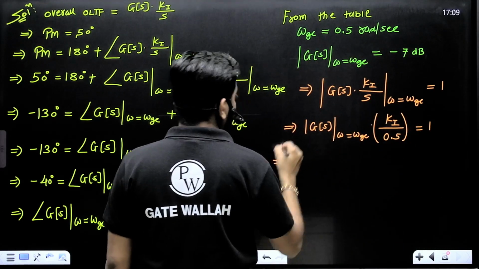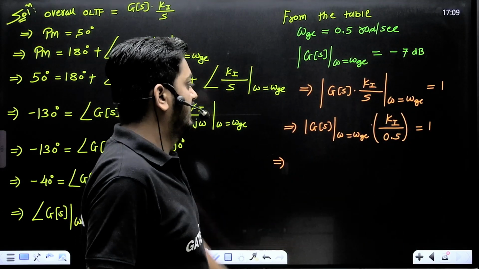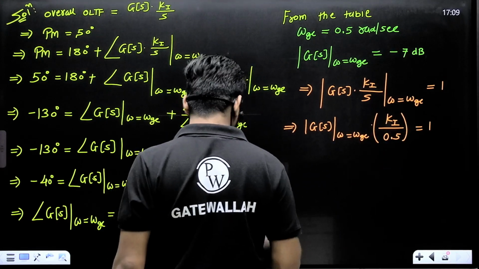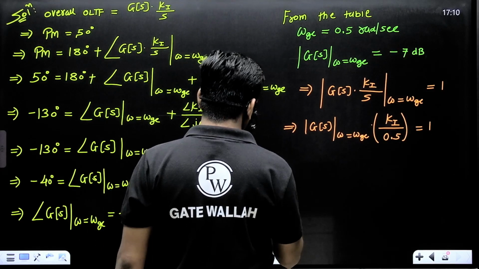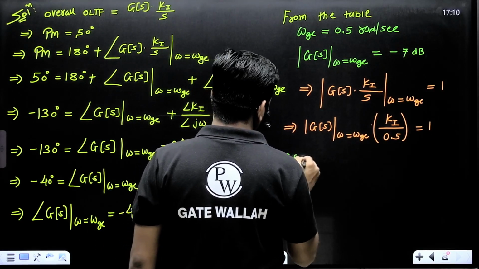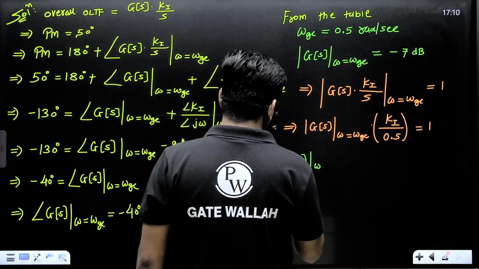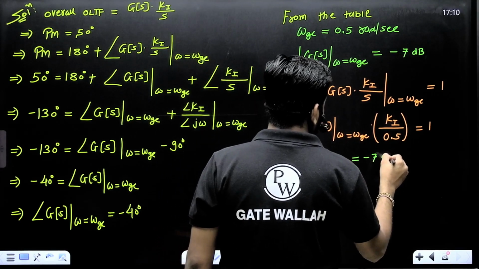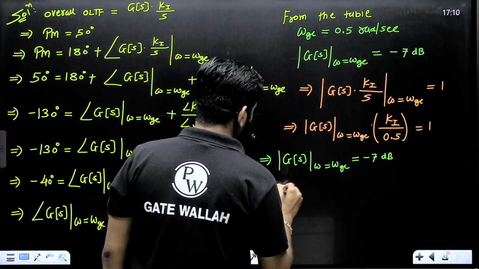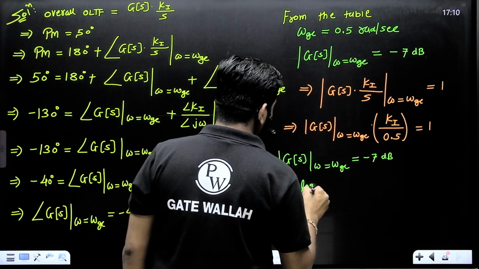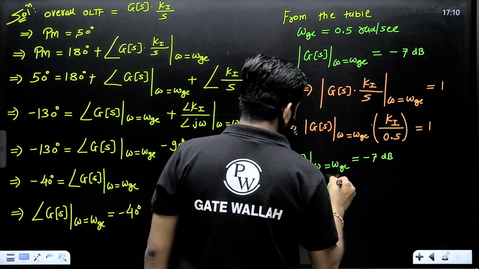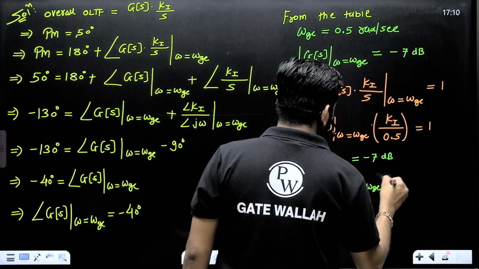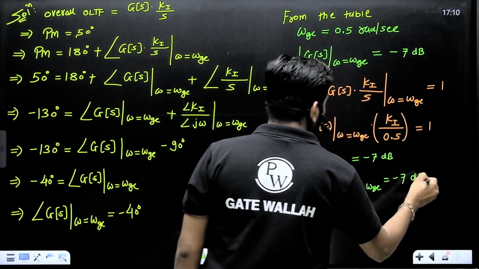Now this is in dB, and this is the normal scale, so you have to convert the dB. The magnitude of G(s) at omega equal to omega GC is minus 7 dB.